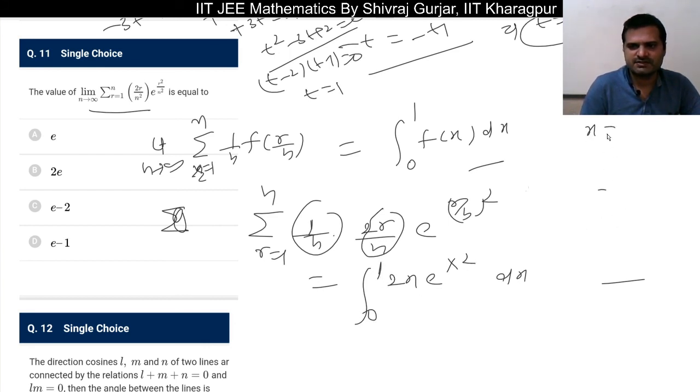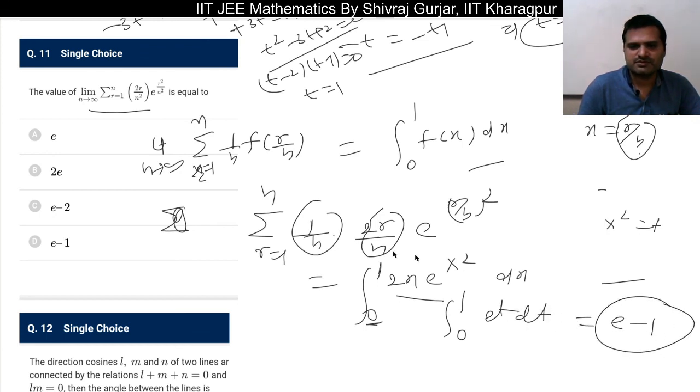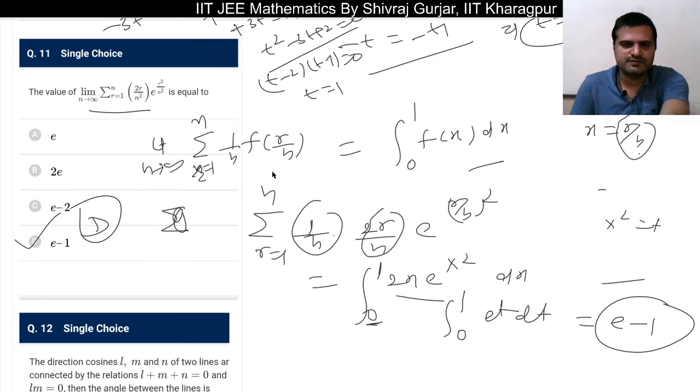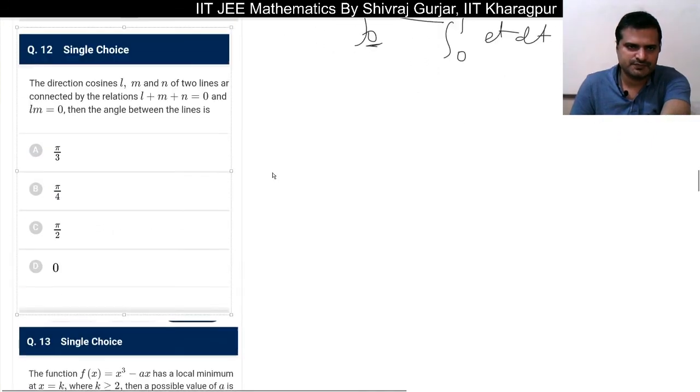Basically x is nothing but r by n, limit n tends to infinity. So when r is 1 and n tends to infinity, it will be 0. When r is n, then this will be 1. Now this is simple integration. If we take x square as t, then the limit will remain the same, but this will become e raised to t. So e minus 1 is the answer. So very simple question. Let us move to the next question.